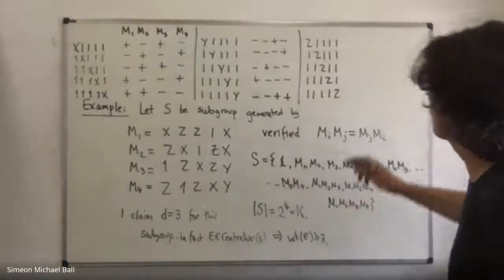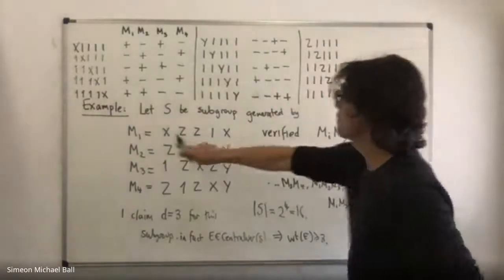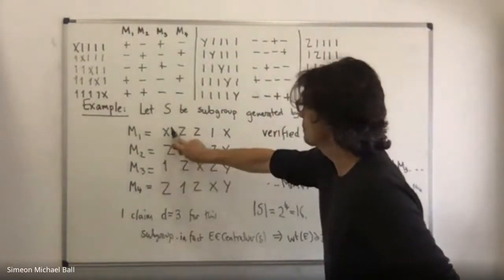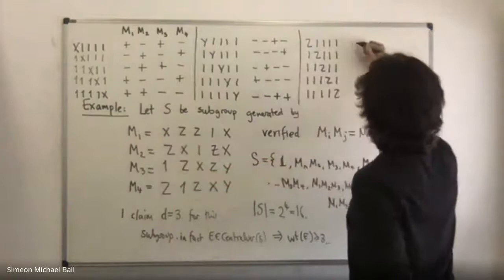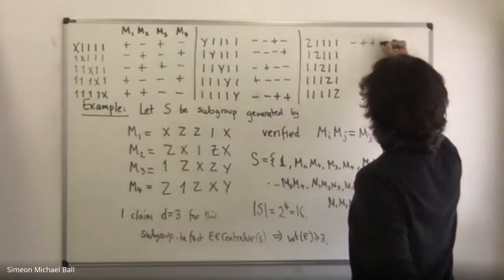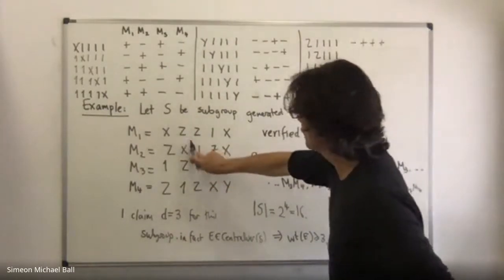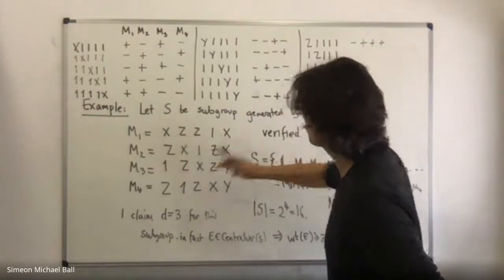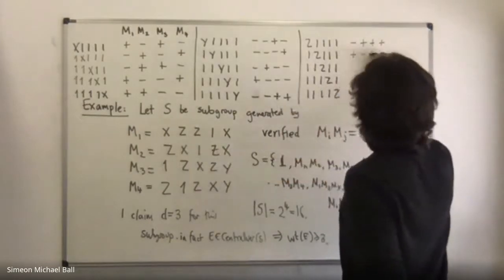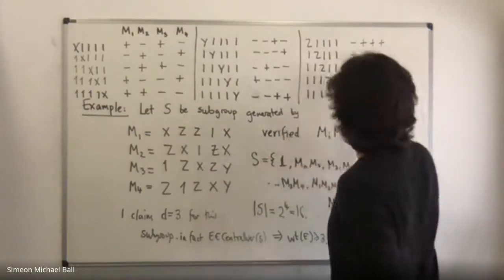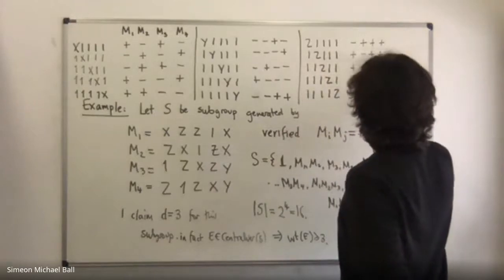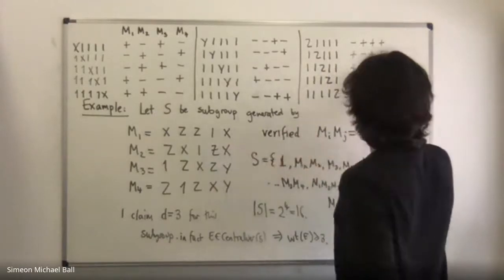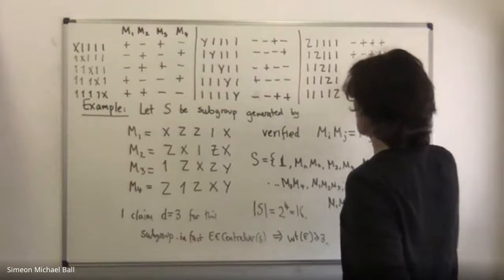Okay, so let's try with this Z111. It doesn't commute here, but does commute with these three. So it's going to be minus, plus, plus, plus. The second one doesn't commute with the second one. The third one is going to be plus, plus, minus, minus.